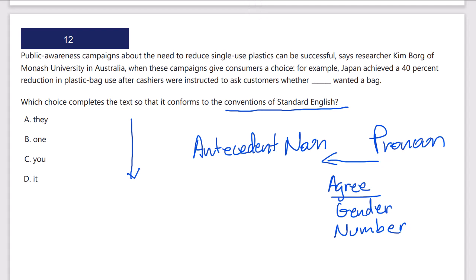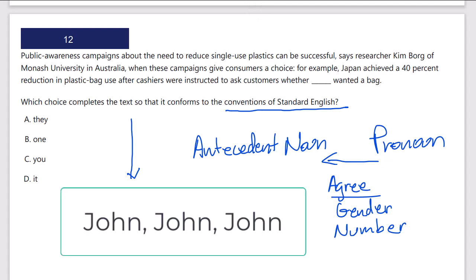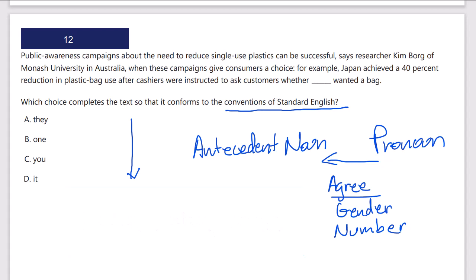For example, it would get a bit redundant if we said John finished up at work, John came home for dinner, John went to bed. We don't want to say John, John, John. We'd rather say John finished up at work and he came home for dinner and he went to bed, right? So we use he as the pronoun that refers back to the antecedent John. And it must agree in gender, so he corresponds to John, and in number, it's singular, not plural. So with that said, let's figure out what our antecedent noun is in this case.